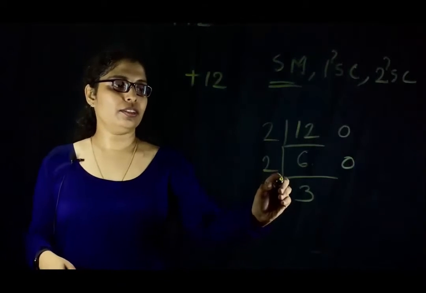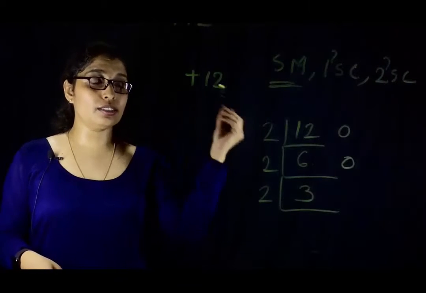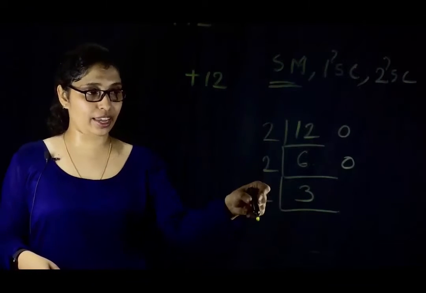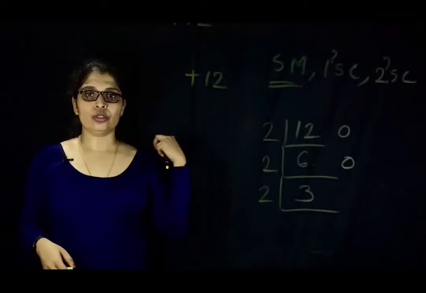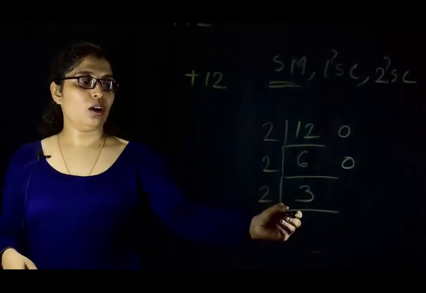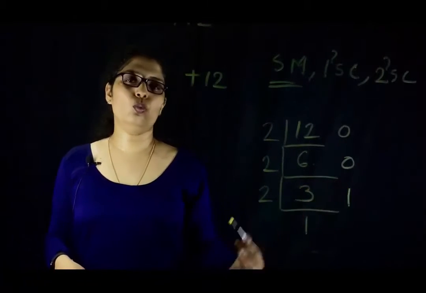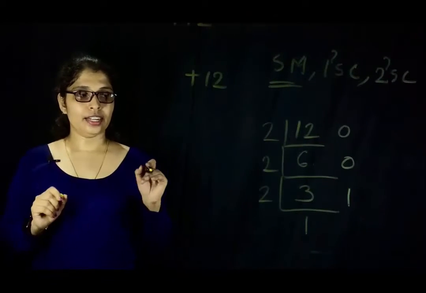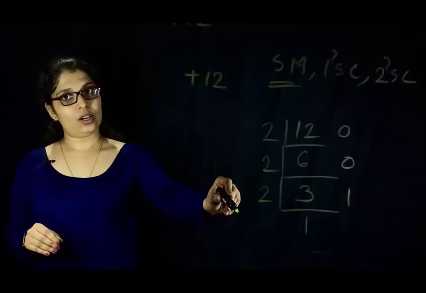Now we can divide this 3 again by the same base value 2, because this new quotient 3 is again greater than our divisor 2. Continuing, we get a quotient 1 and a remainder 1. Now our new quotient is 1, which is less than our divisor 2.